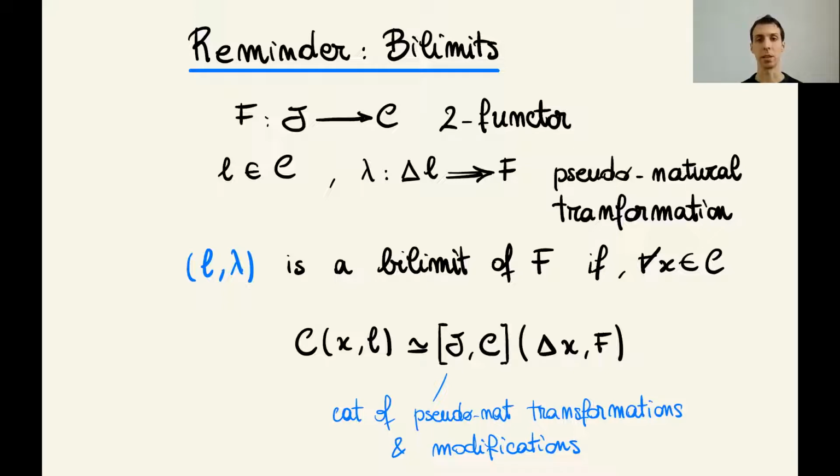This bottom category on the right is just the category of pseudo-natural transformations from the constant functor on X to F. So they're just cones starting from X, and these cones starting from X are represented by L. It's precisely like in the classical categorical case, just here we have one more degree of freedom given by the two-cells. So C(X, L) is a category, not a set, and this other guy on the right is also a category. There are the pseudo-natural transformations, that are the cones, but there are also modifications of the cones.